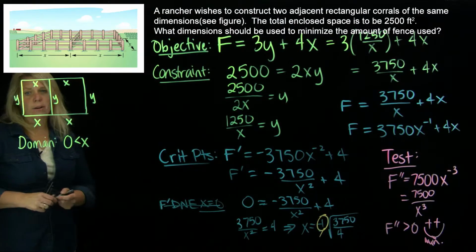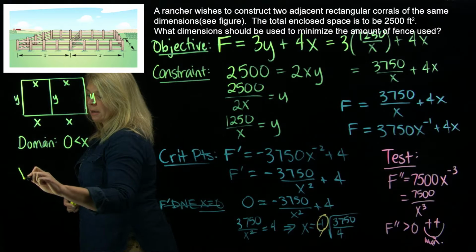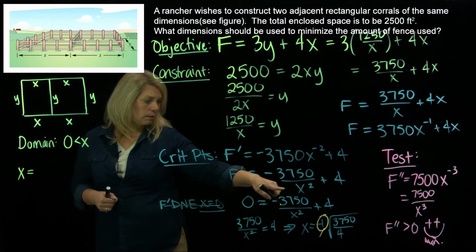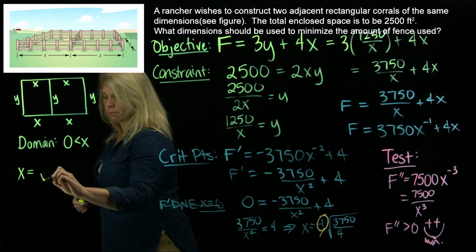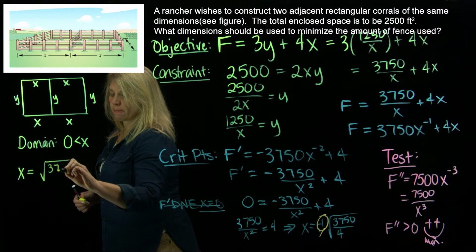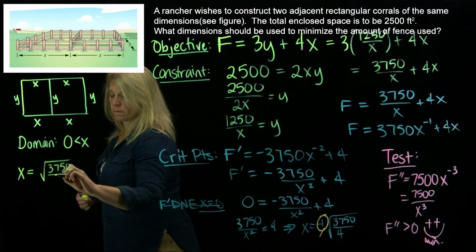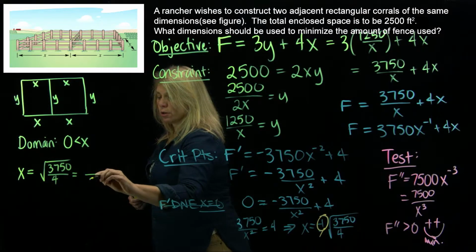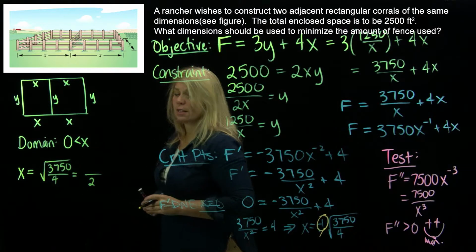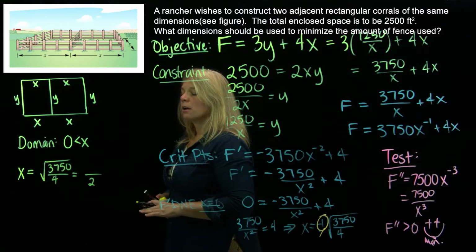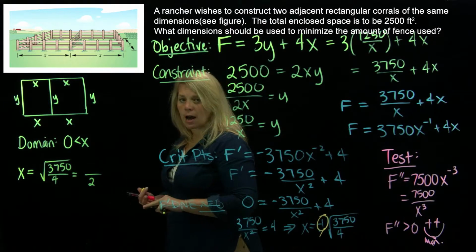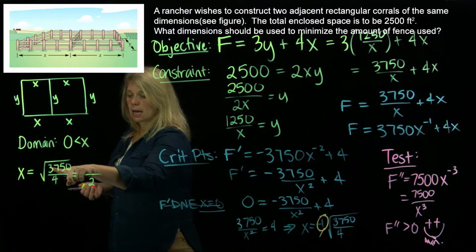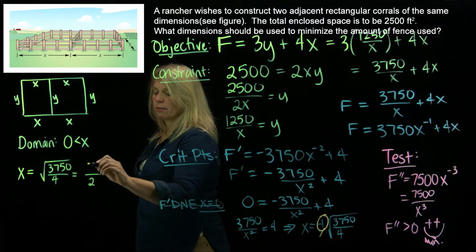So I need to go back over here and answer the problem. All right, so my x dimension is this. I'll probably simplify that. Okay, square root of 4 is 2. Square root of 3750 is not a perfect square, but 25 squared times 6 is 3750.